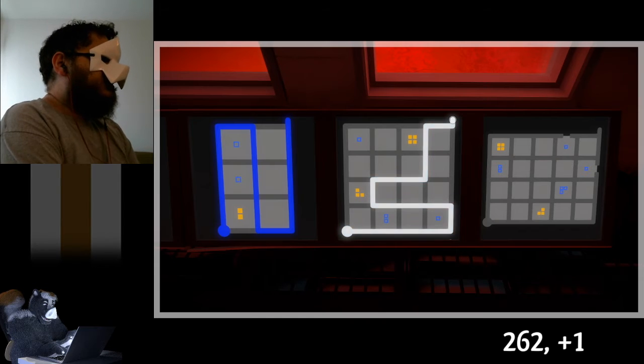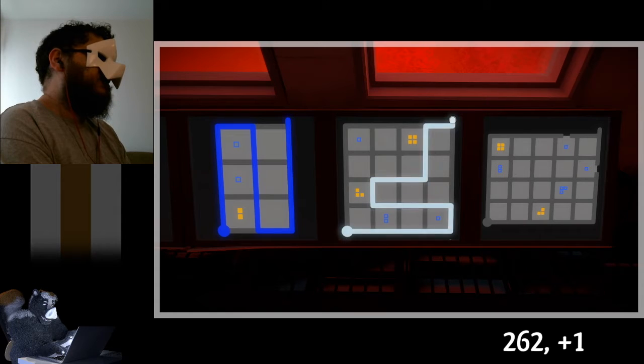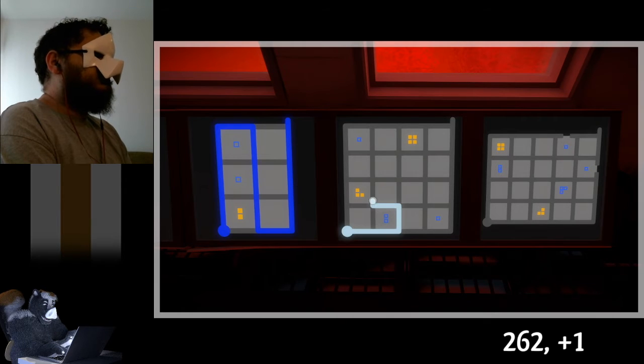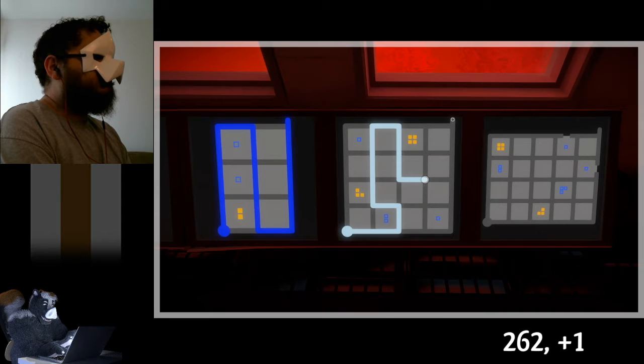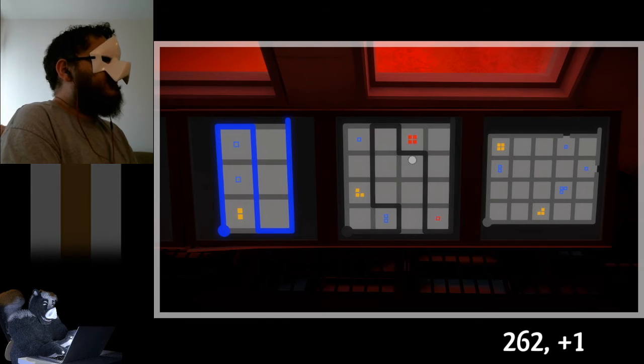Okay, so I justify that by saying square block 2 with the removal. That's too many squares. Not right.